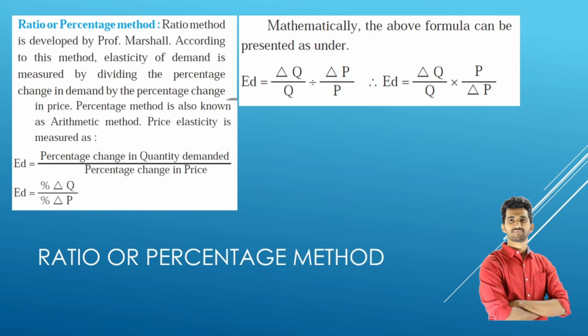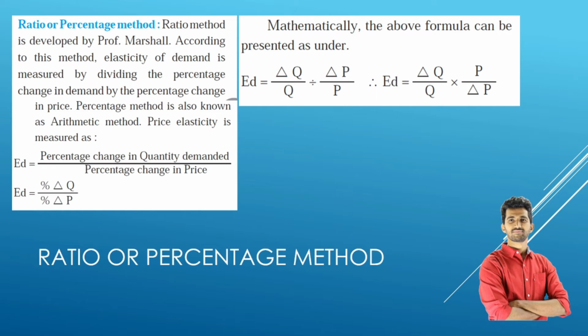The percentage method is also known as the arithmetic method. Price elasticity is nothing but percentage change in quantity demanded upon percentage change in its price. So mathematically, the formula is very clear. ED is equal to change in quantity upon change in price.